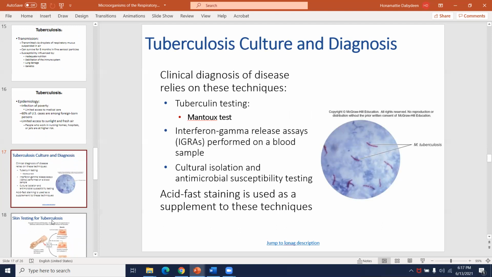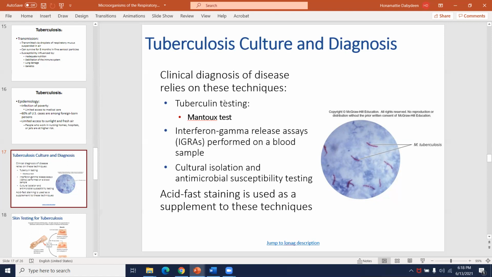Culture and diagnosis. Well, culture, that's simple. We actually cultivate the organism on something called Lowenstein-Jensen medium. Remember what I said just now, that these organisms will take months to get a decent colony. So we need media that's not going to dry up very easily.